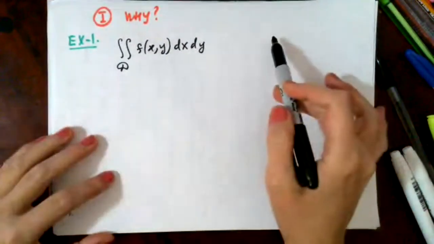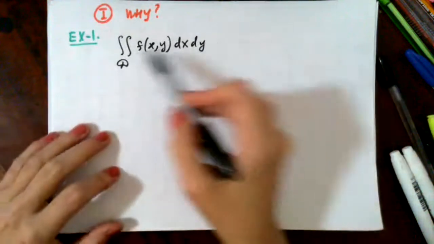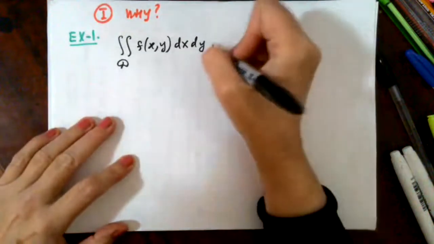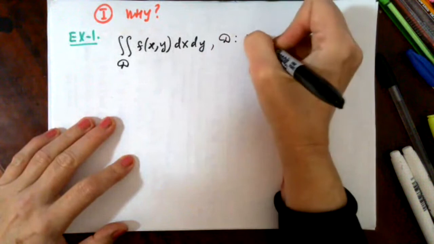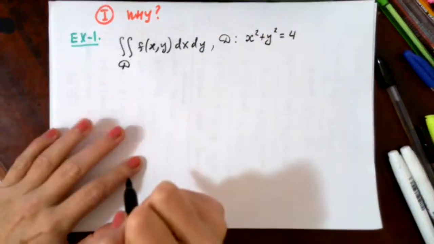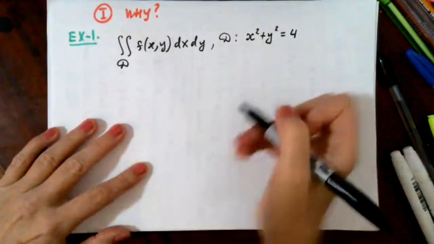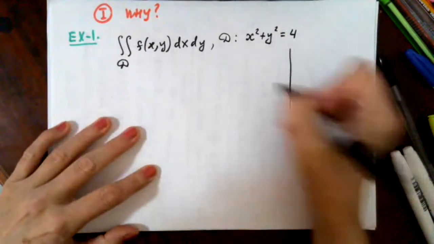We are only going to concentrate on how this transition should be done. Okay, and the region of integration is bounded by this circle, x squared plus y squared is equal to 4.